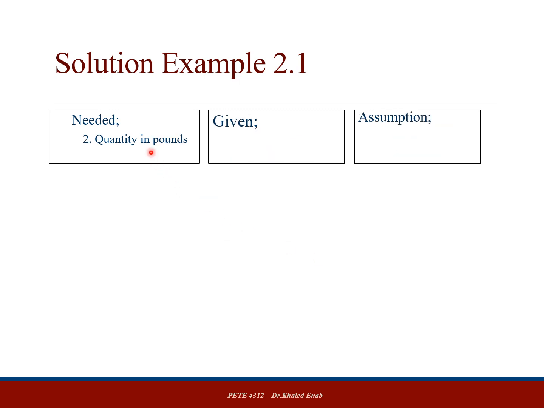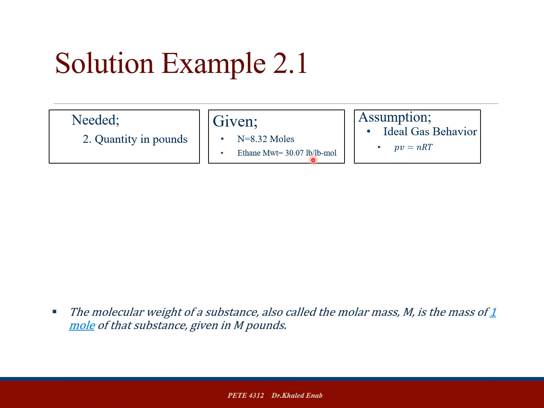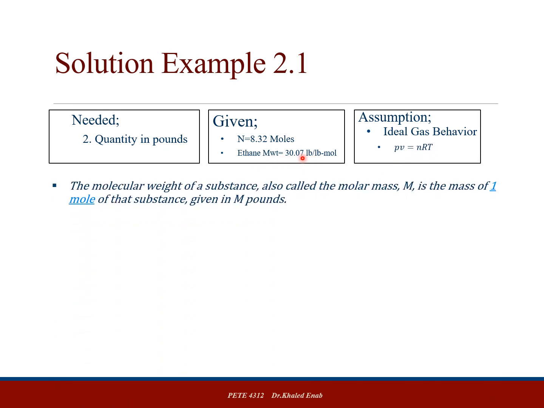Second, we need to get the quantity in pounds. Previously, 8.32 was the quantity in pound moles. So number of moles is 8.32, and that should be pound moles. And we know that the ethane molecular weight equals 30.07 pounds per pound mole. Assumptions are the same. Why did we use a molecular weight here?